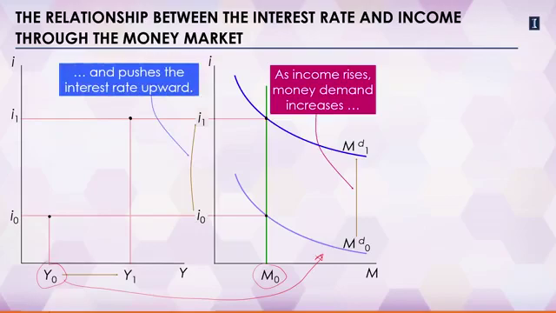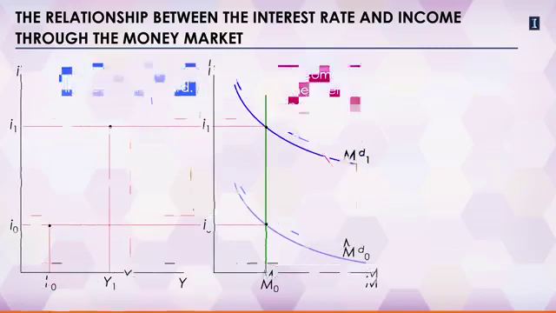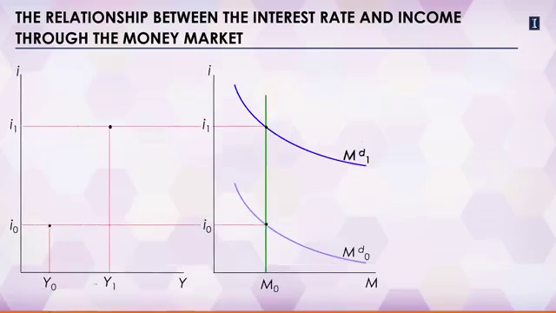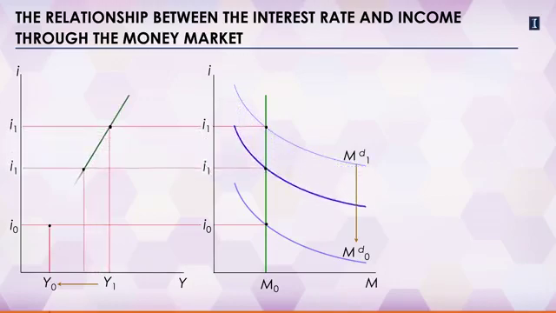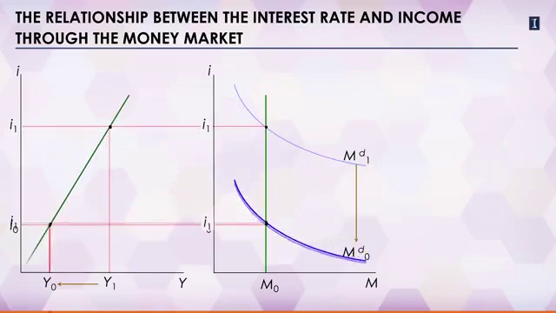So an increase in income pushes up the money demand curve and the interest rate, and vice versa. If income declines, money demand shifts back down, and that means interest rate goes down together with income.